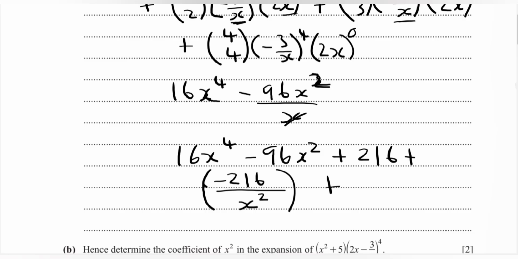And for the last term, we have 4 choose 4, times minus 3 to the power 4, times 1, because this to the power 0 is 1, right? And that's giving us minus 81, right? So minus 81 over x to the power 4, right?